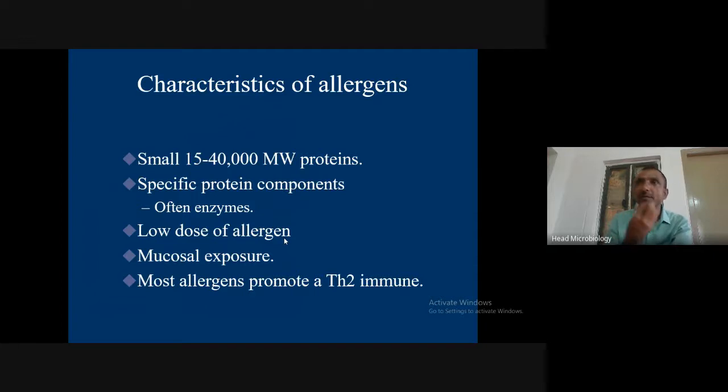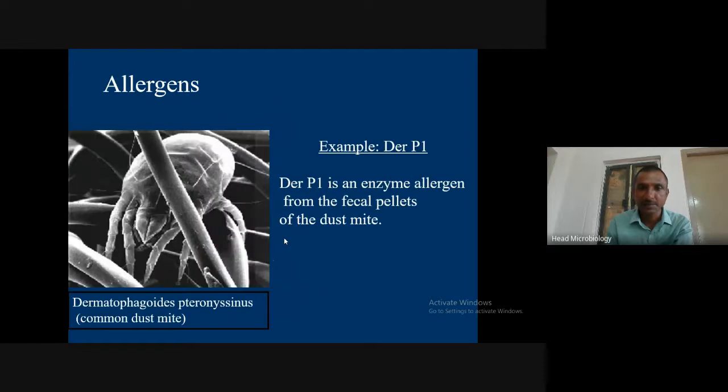For example, when we are facing a throat infection, medicines like azithromycin and erythromycin are used. Many medicines are there for the mucosal exposure to allergens. Here the allergen is the dermatophyte, the common dust mite.